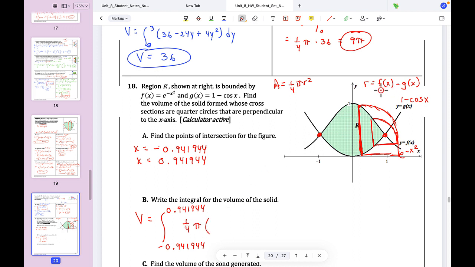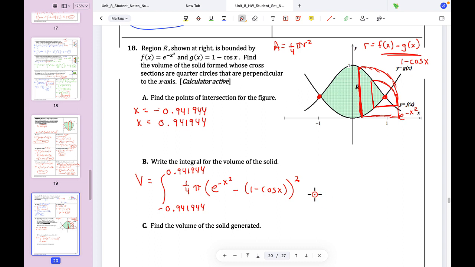We just said r is f of x minus g of x. So f of x is e to the negative x squared minus g of x, 1 minus cosine x, and that is squared.